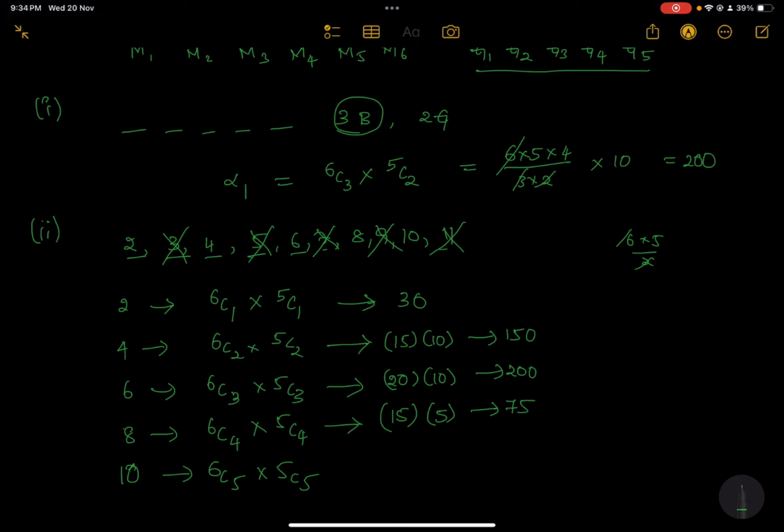So this is 75. 6C5 is 6 and 5C5 is 1. So this is 6. So the total ways will be 30 plus 150, 180, plus 200, 380, plus 75, 455, plus 6, 461.